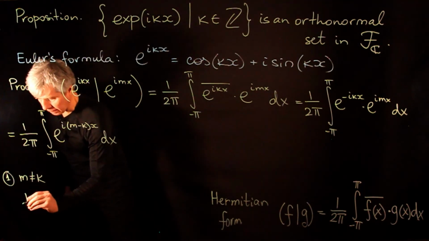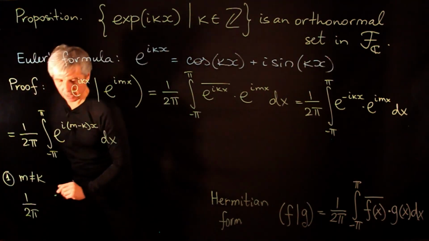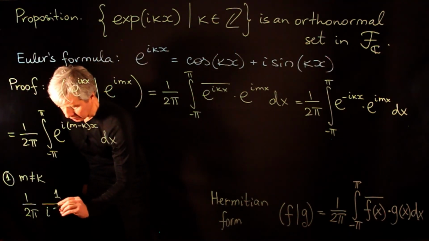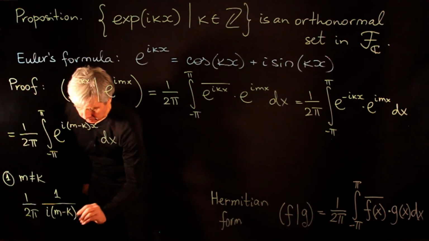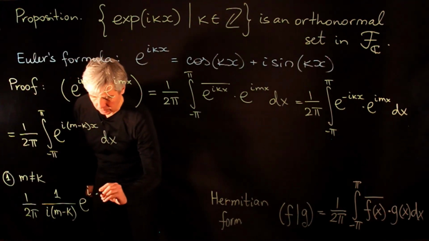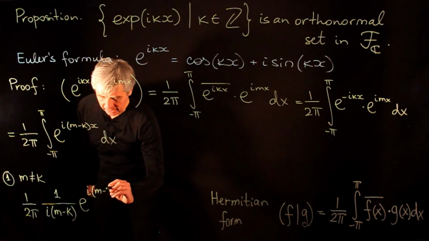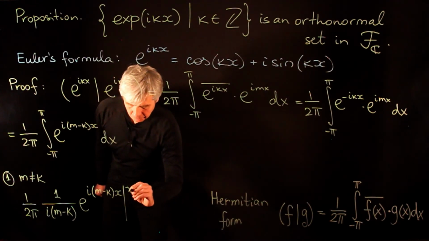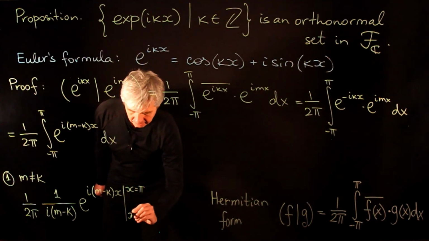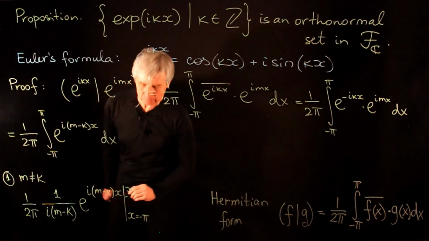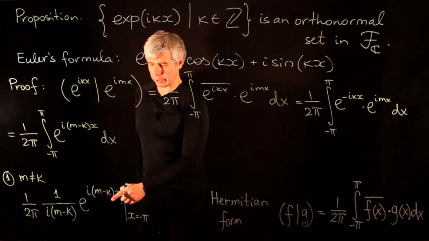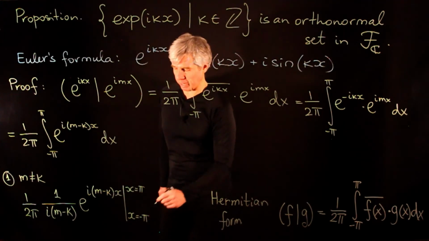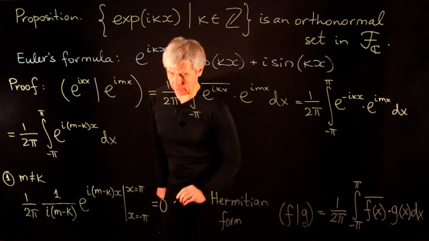So we get 1 over 2 pi, and the antiderivative is 1 over i(m minus k) times the same exponential function, e to the i(m minus k)x, and this is all taken between x equals pi and x equals minus pi. But this exponential function is periodic. Its value at pi is equal to its value at minus pi. And as a result, here we get 0.